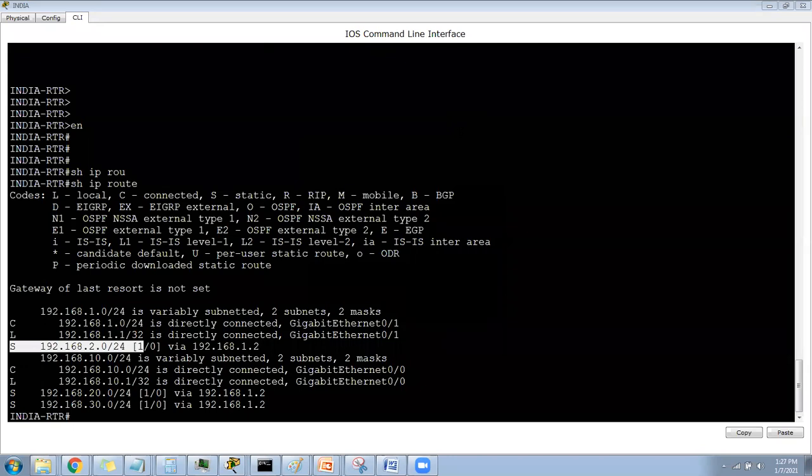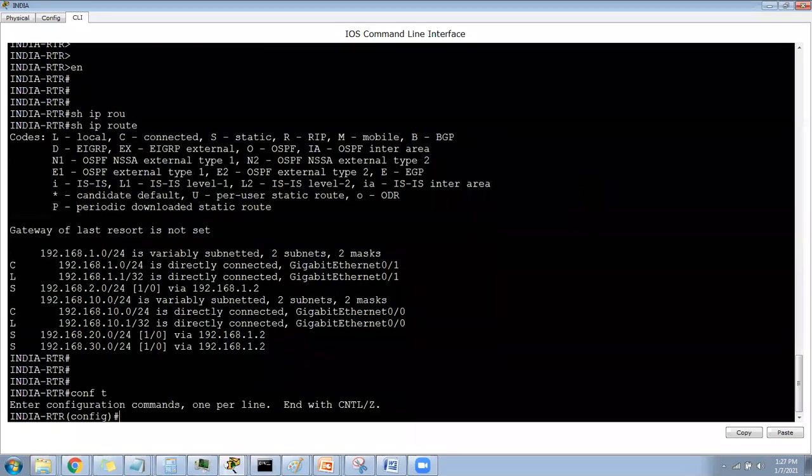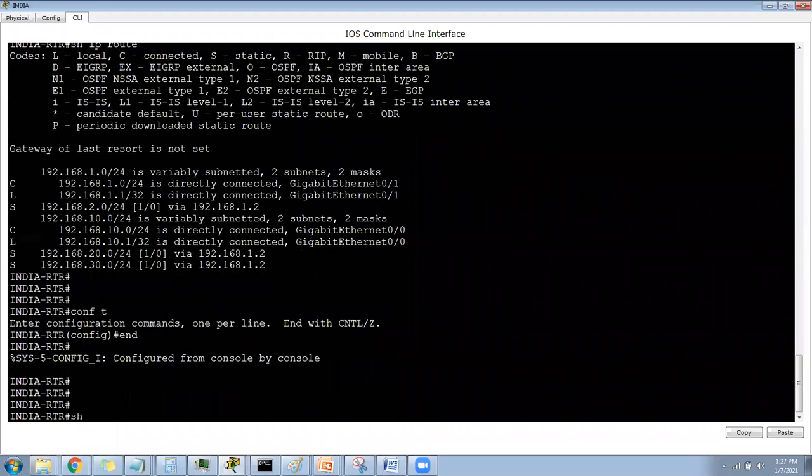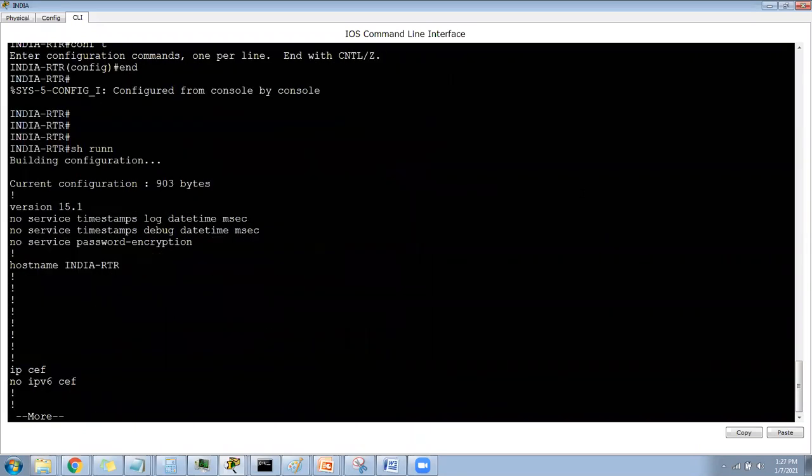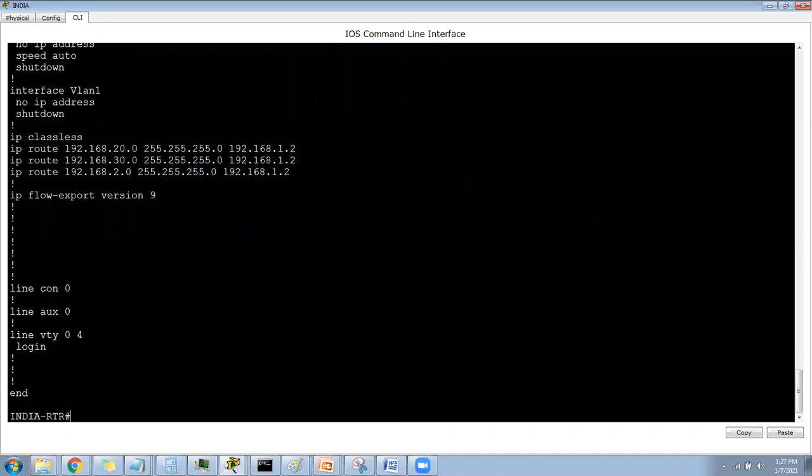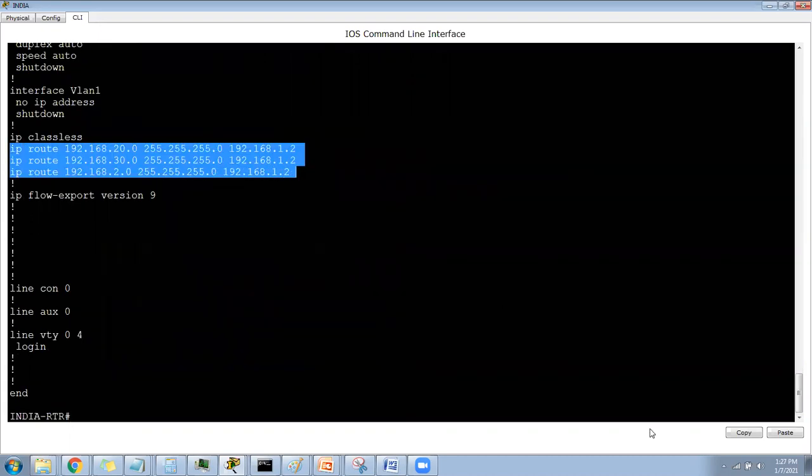I muted myself. Sorry. Okay, so let's do the routing quickly. Again, a default route, because yesterday we saw it, and tomorrow I'm going to show you today, so you will understand very clearly. Show run. In the same diagram, I want to remove these three routes. So I can use the notepad. Always use the notepad.